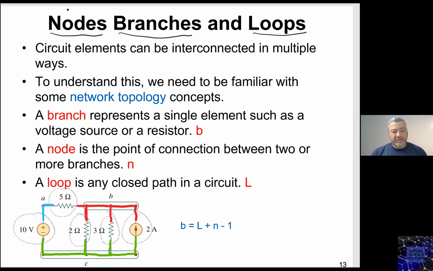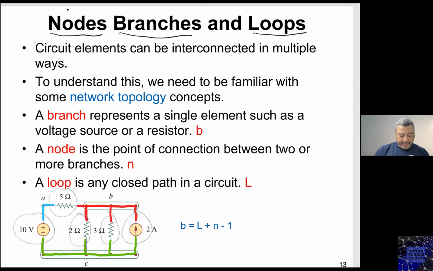Those are the branches that have the components confined within those nodes. So if I count the branches in this circuit, I can easily see that I have 5 branches. It corresponds to those components confined within those nodes.